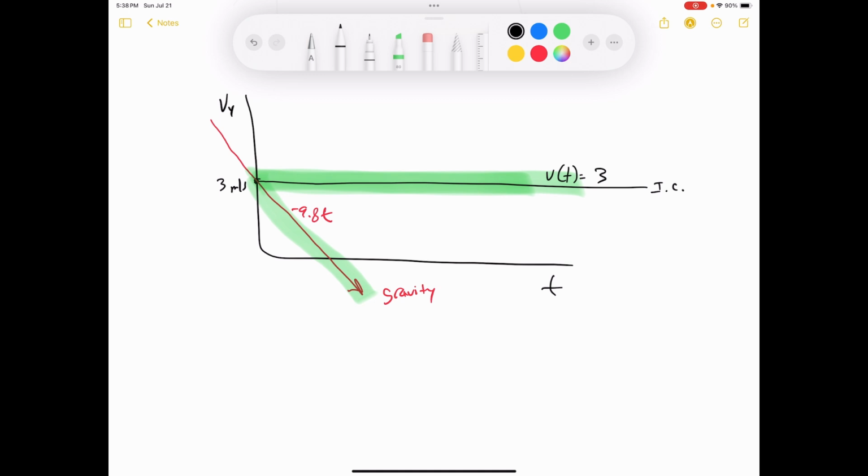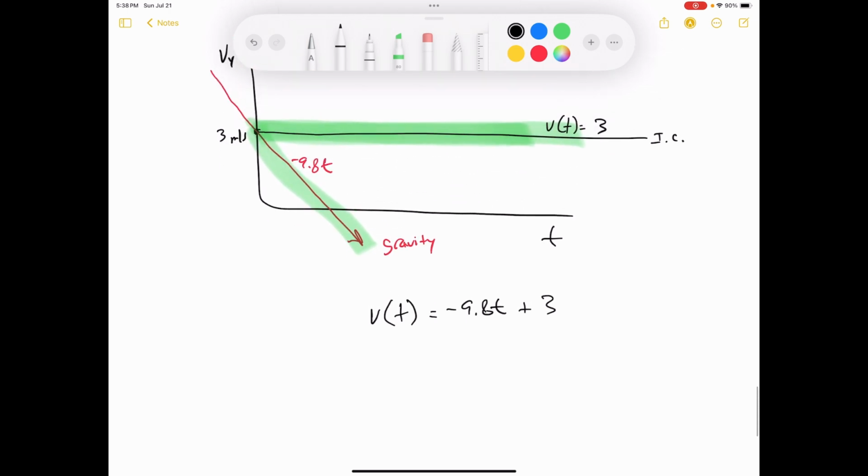So your final velocity as a function of time is negative 9.8 t, the red function, plus 3, which is your initial condition. So I took basically two straight lines, one that's horizontal, one that's diagonal, and I ended up creating something that is a combination of those. Okay, it's a combination of those guys.